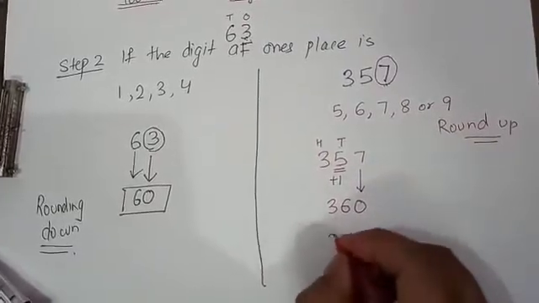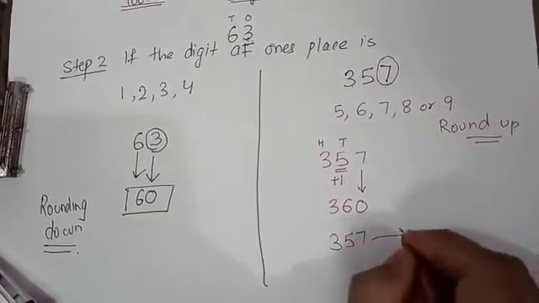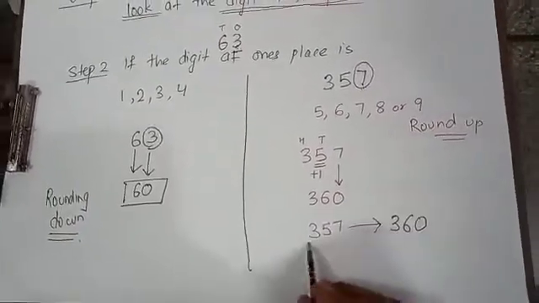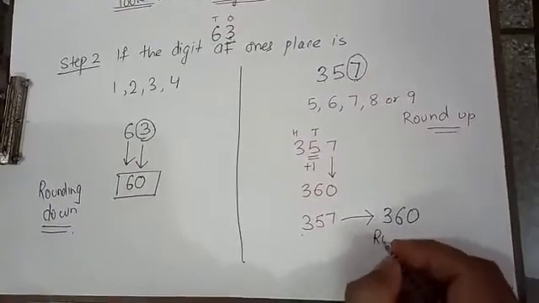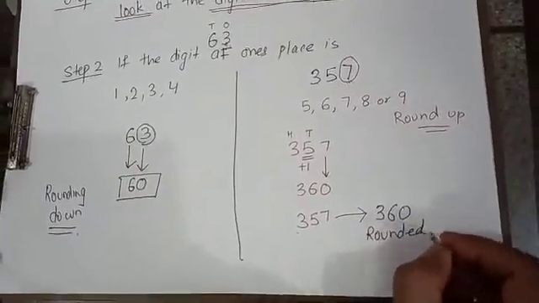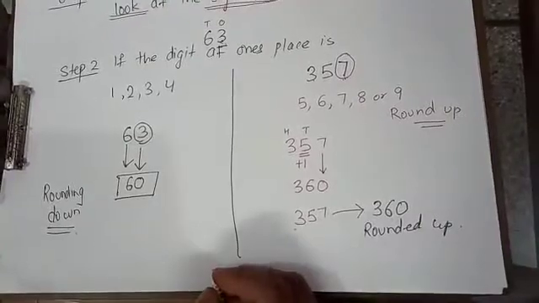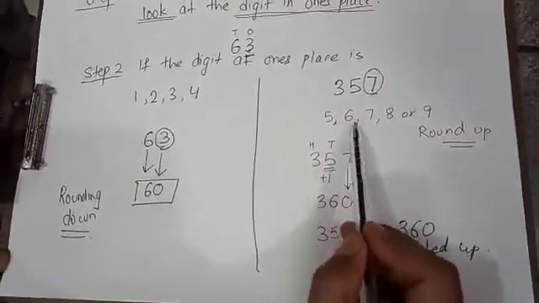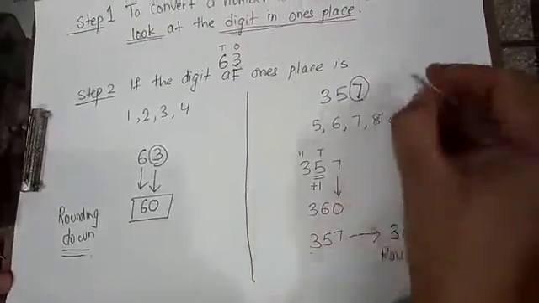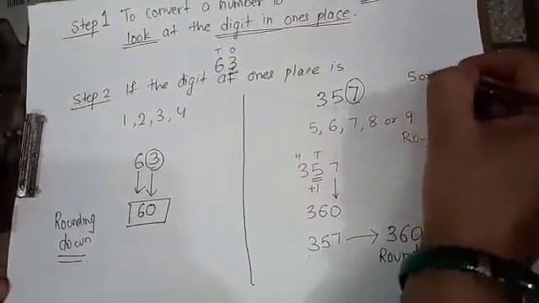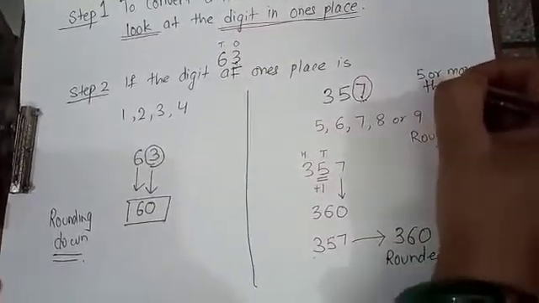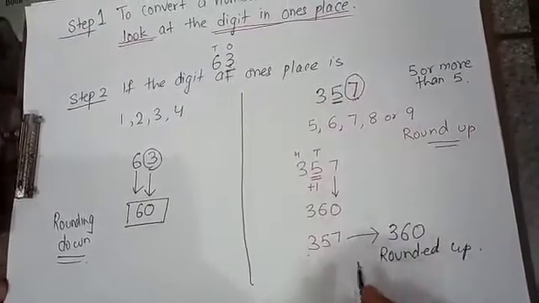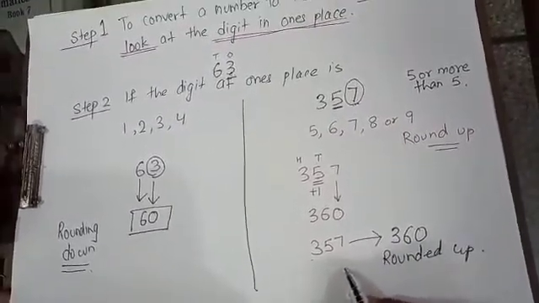So now 357 got rounded off to 360. See, this is a larger value. So this is rounded up. That means when the digit at ones place is 5, 6, 7, 8 or 9, or we can say if it is 5 or more than 5, then the digit at tens place is increased by 1.